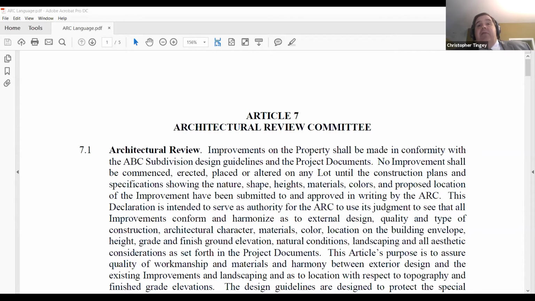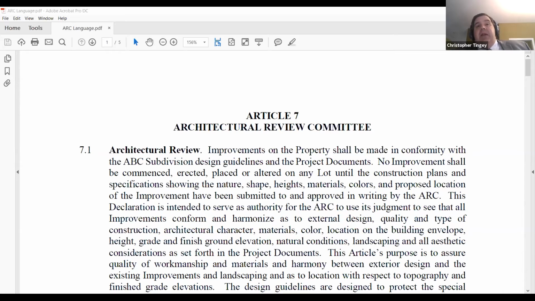So there is typically language like that in here. This one, the breadth of it's not quite as good, but the idea is that they submit an application and the ARC can request missing information if they don't submit everything that they're supposed to, or it may request an extension if it needs to consult experts or for any other purpose to look at it and to weigh the application.